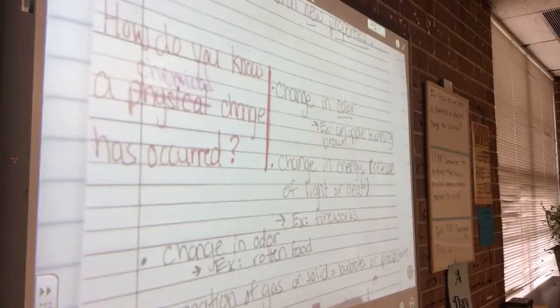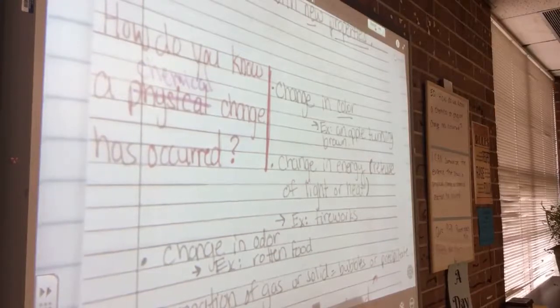If there has been a change in energy, which means you have heat that's being released, or you have light that is being released. So something where there was no heat or light before, you've created heat or light. That is a chemical change.